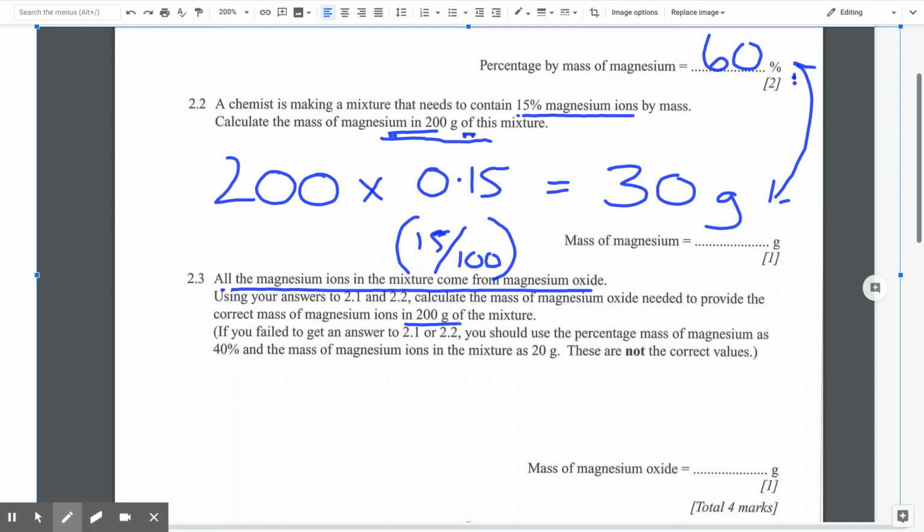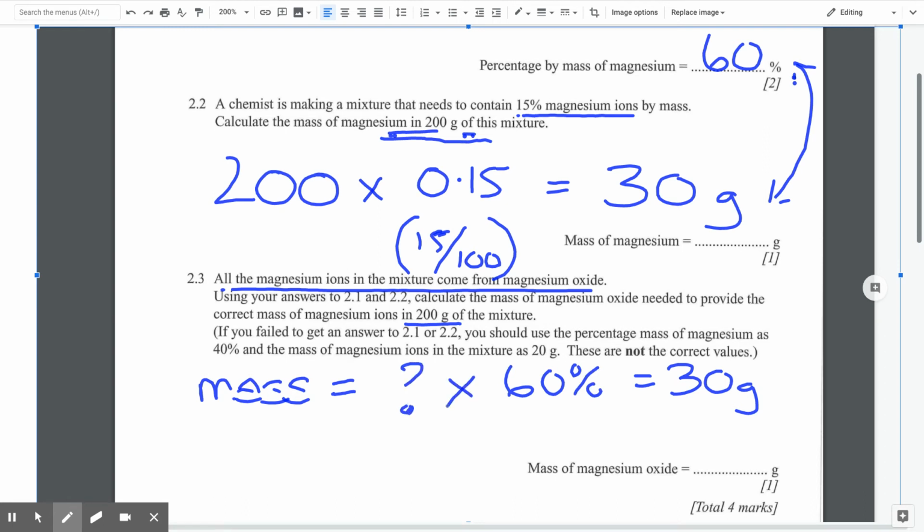So essentially I need to work back to a larger mass of magnesium oxide, knowing that I have to generate 30 grams of magnesium, and that only 60% of whatever my mass was is going to be 30 grams.